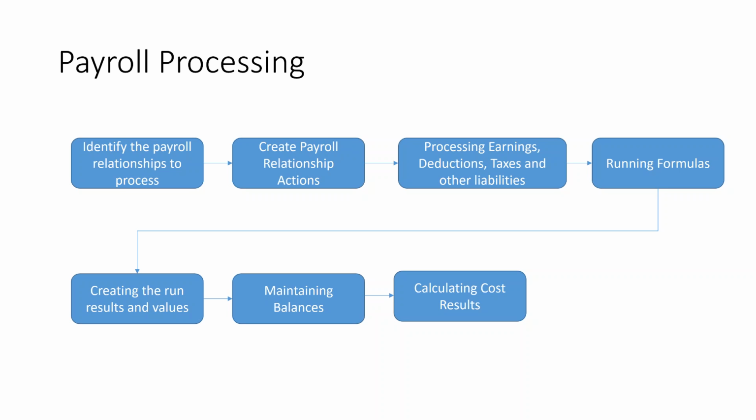So once it has identified which all employees it needs to process, then it moves to the next step, that is create payroll relationship actions. Payroll relationship actions is actually an action factor that it creates for each of the payroll relationships. And for each of the payroll relationship, it creates an action for the elements that it processes and puts in the memory of the payroll engine.